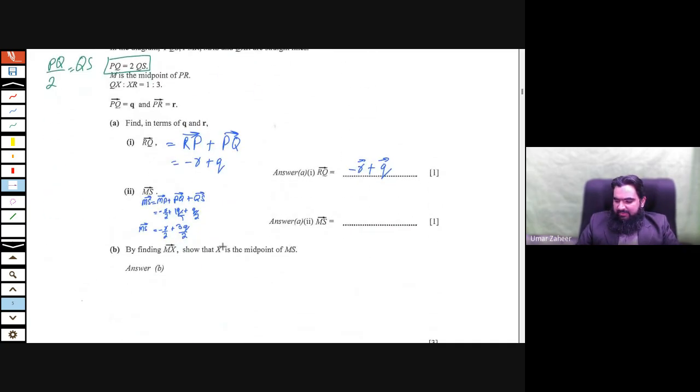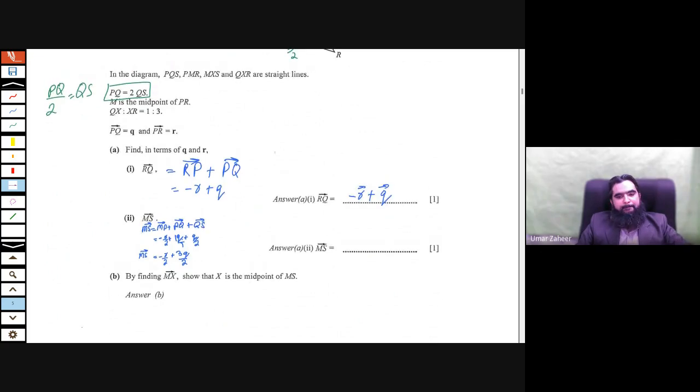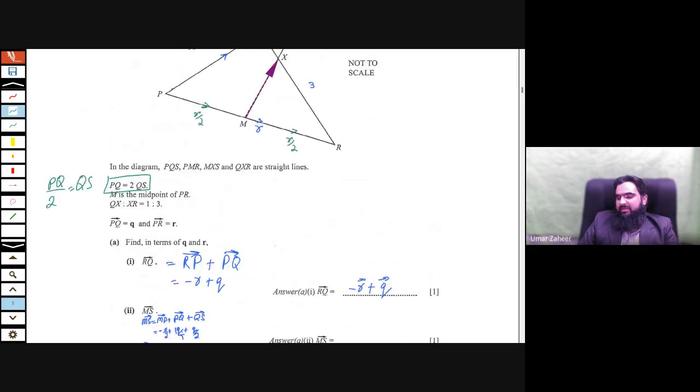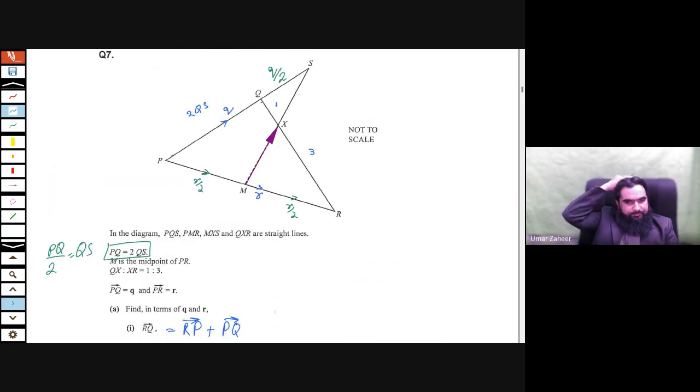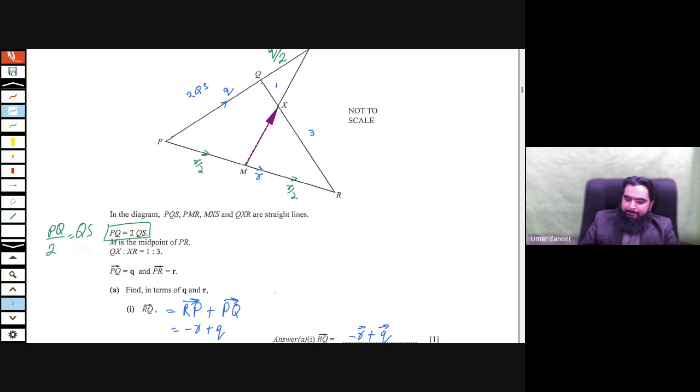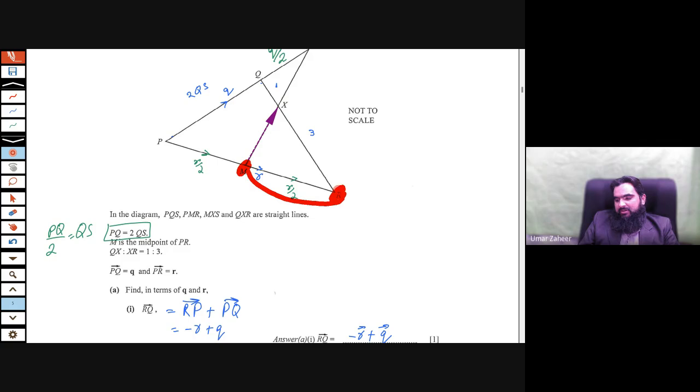So we have to find MX. Yes, can anyone tell me how we can reach M to X? I just want to move from M to X, so by going M to R and then R to X.